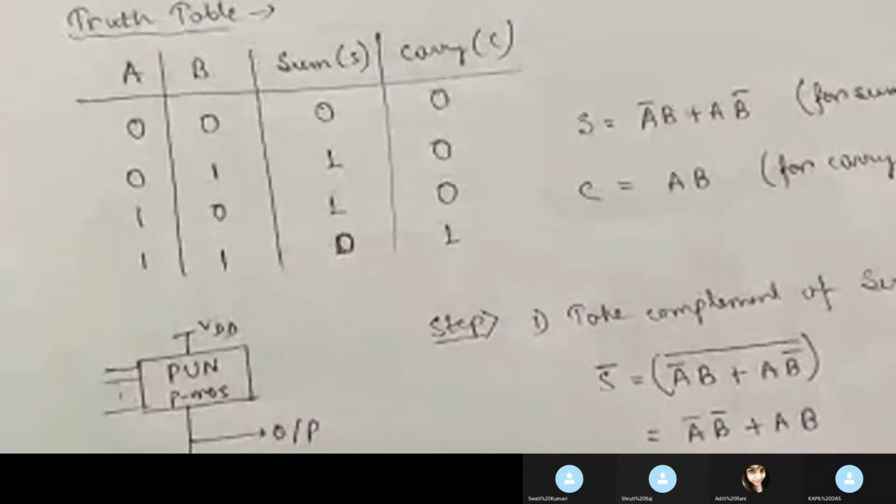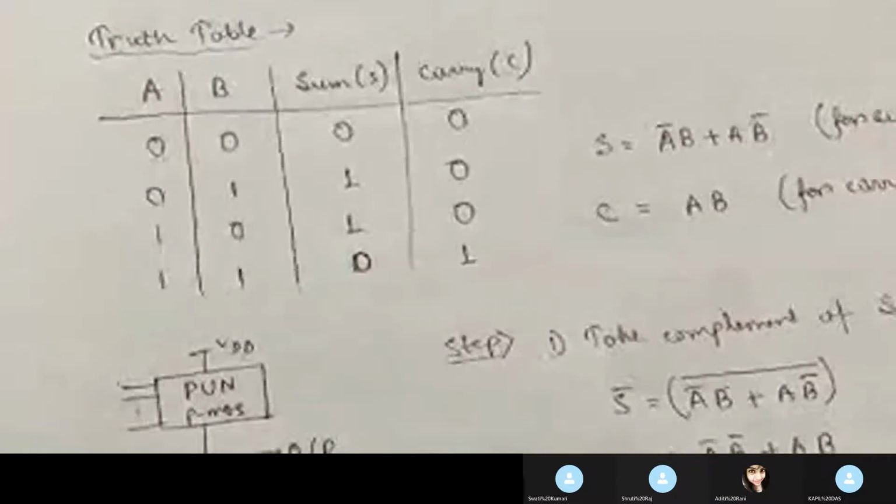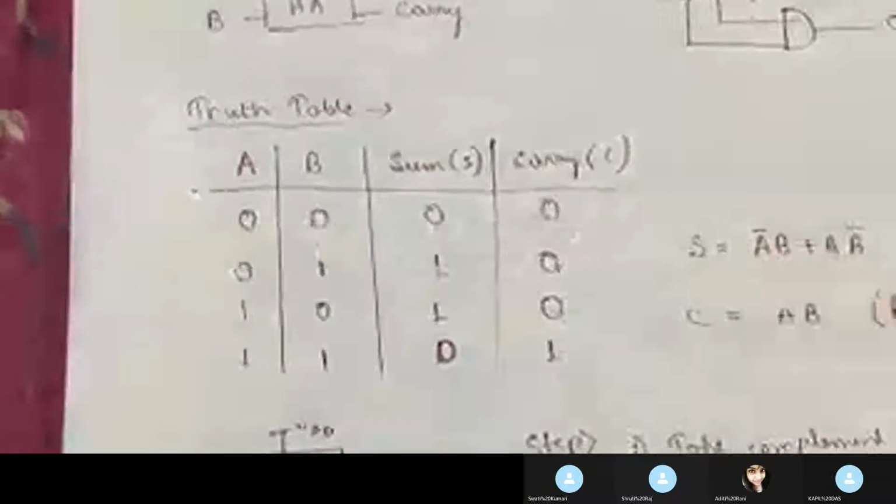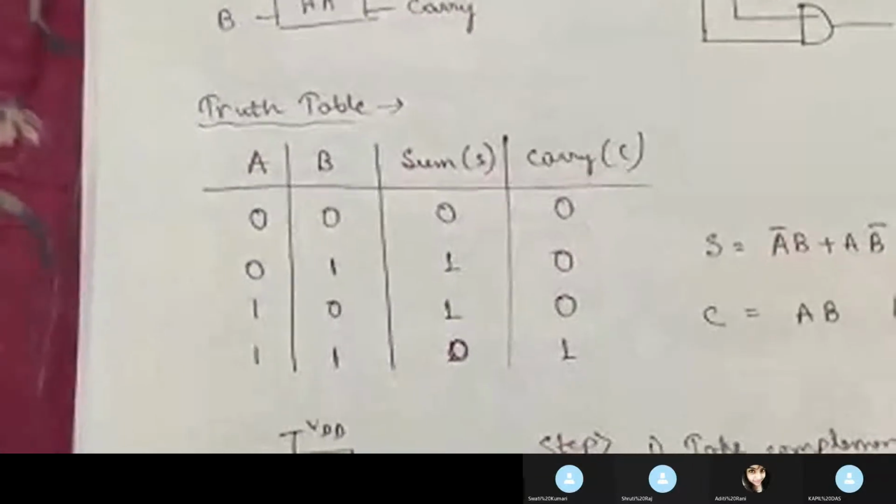And in case of full adder circuit we have three inputs, that is, two half adders are connected, and for the second half adder, the input is another C in, and likewise we have the output as sum and carry.